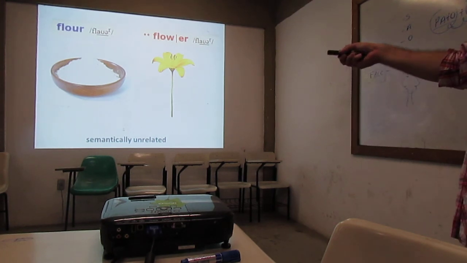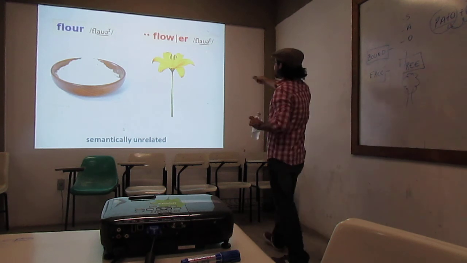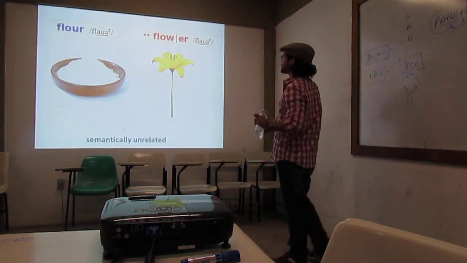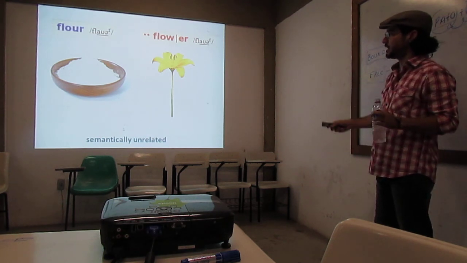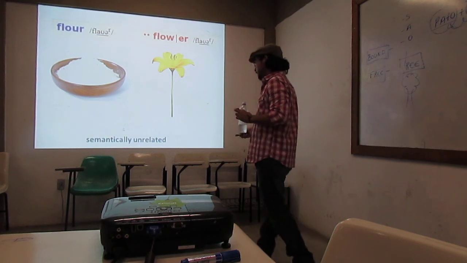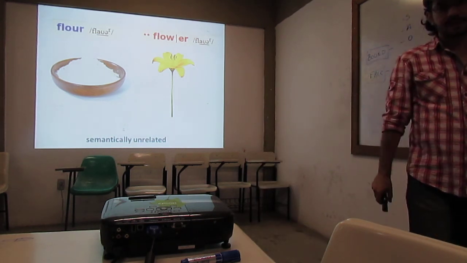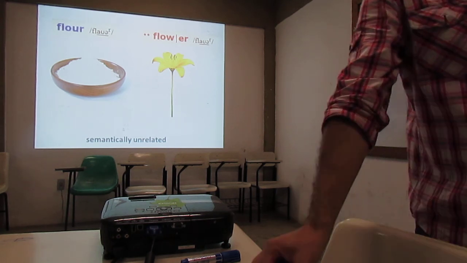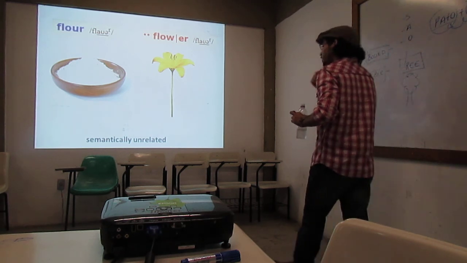We have other different words like flower and flour. The same pronunciation, but the spelling is different. Flour like farinha, and flower like flor. Eu pergunto para vocês, isso aí seria um caso clássico de homonímia ou polissemia?